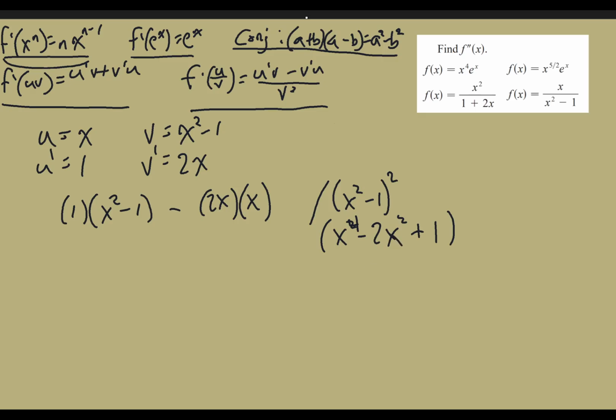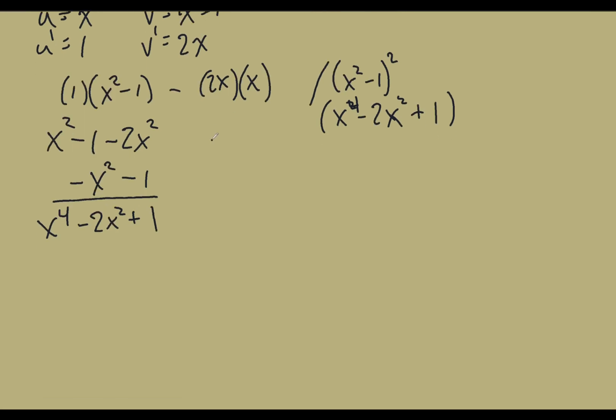That looks right to me. Okay, so we get x squared minus 1 minus 2x squared. So I'm seeing a negative x squared minus 1 on top, x to the fourth minus 2x squared plus 1 on bottom. This is the first derivative here.